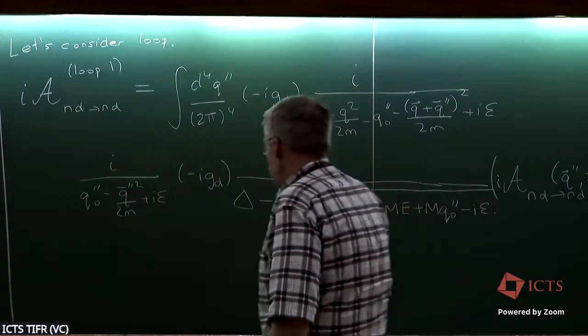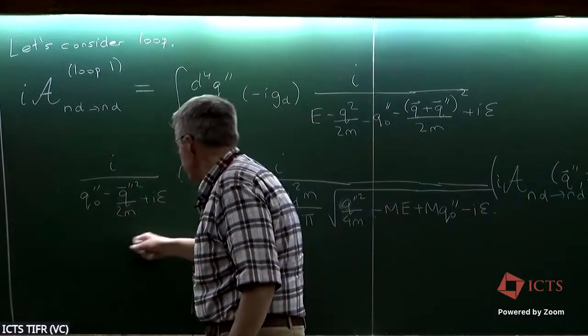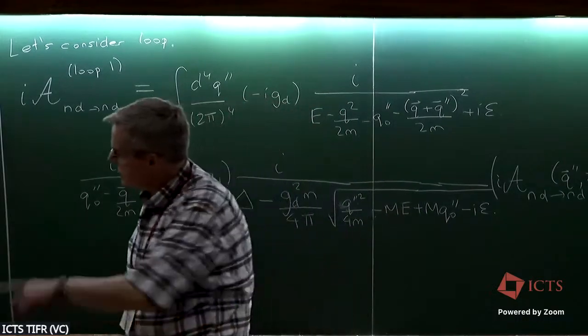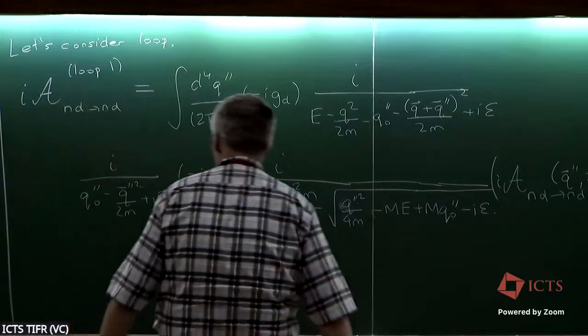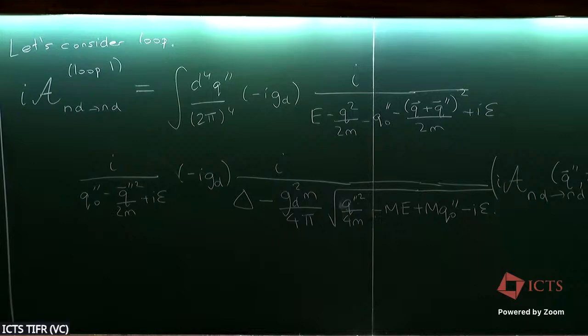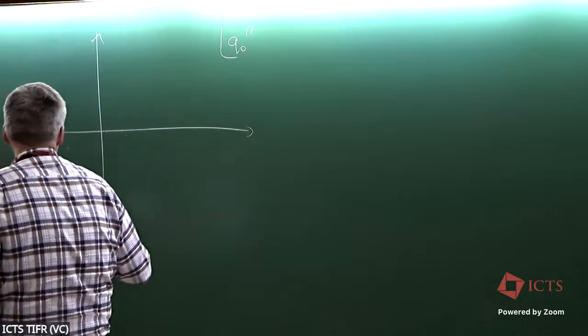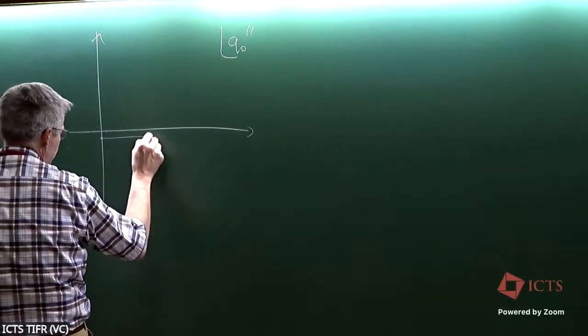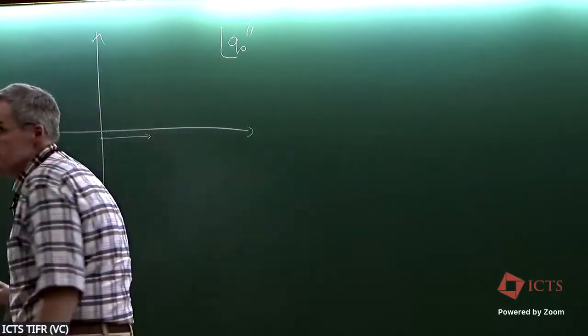So here we have a single particle pole associated with the particle that's going through at the bottom of the diagram. Is this pole in the upper half plane or the lower half plane? Lower, okay. And is it over here or over here? Yeah, it starts at 0 and goes this way as I increase Q double prime, right?